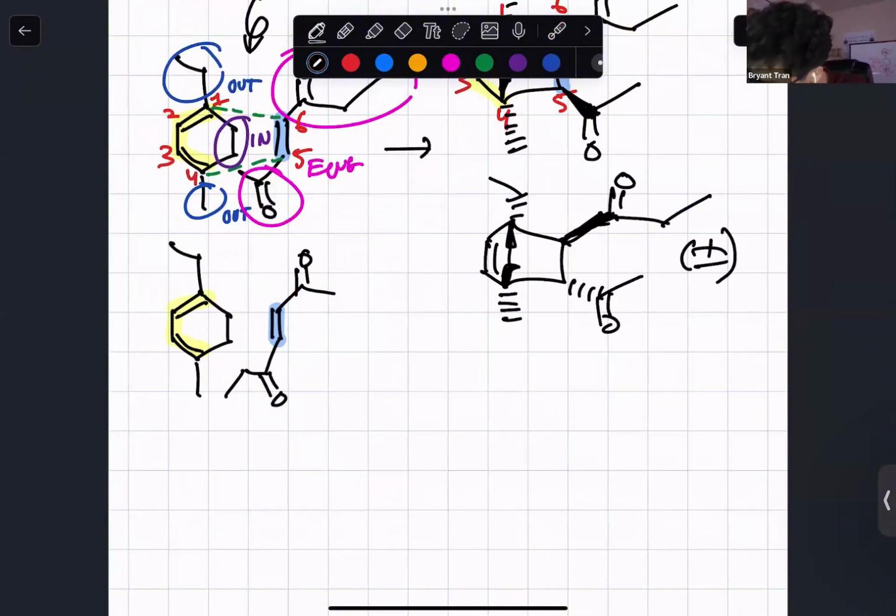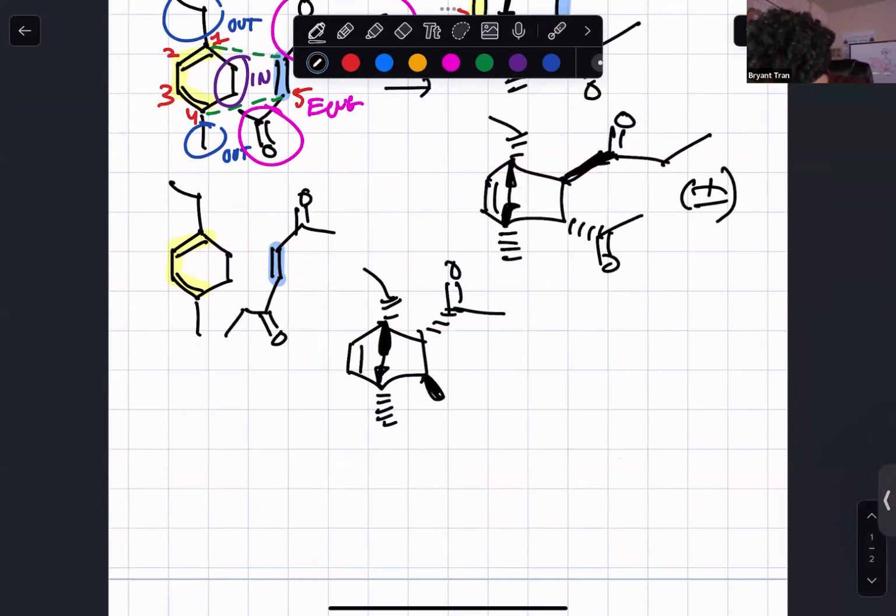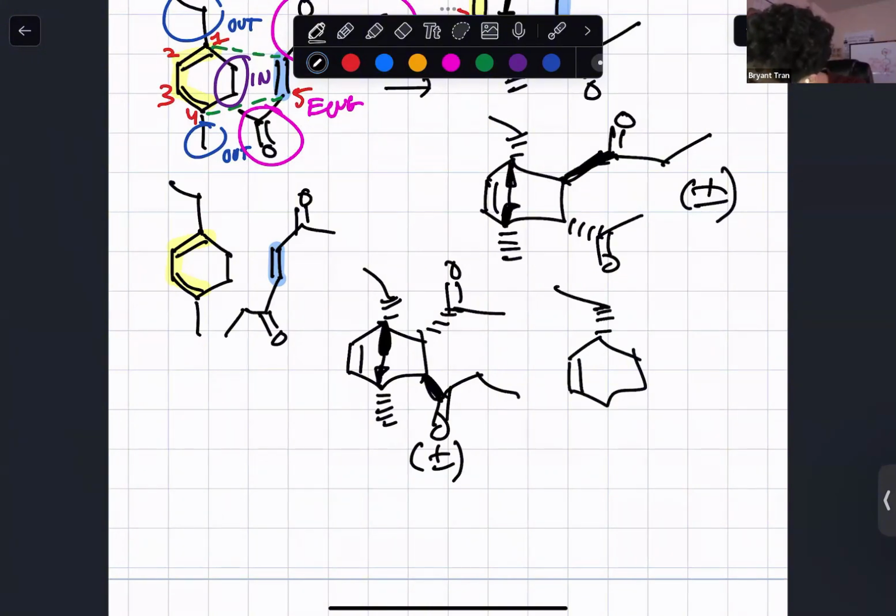We could do the same over here. Dash. Wedge. Dash. Like that. Plus minus. So I would double check with your TA with this one, because this one is like 8 sets of products. Here, like 4 sets of enantiomers. Right.